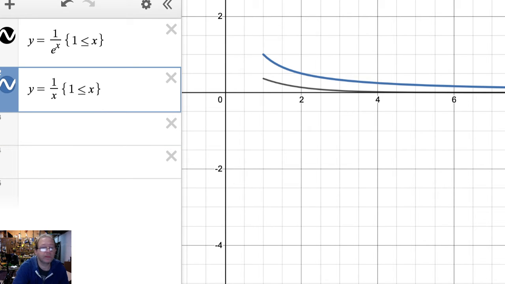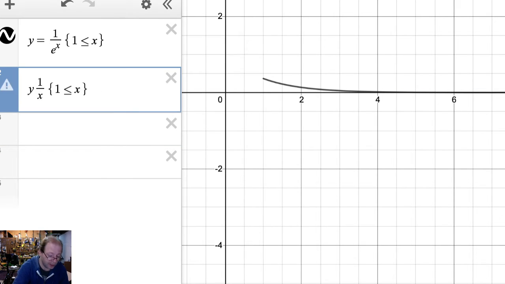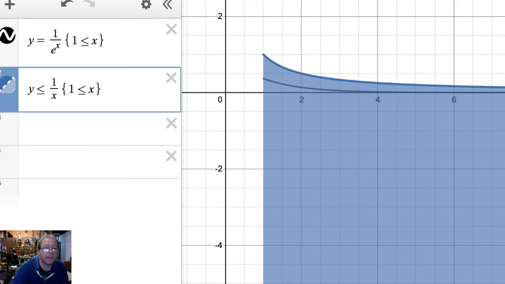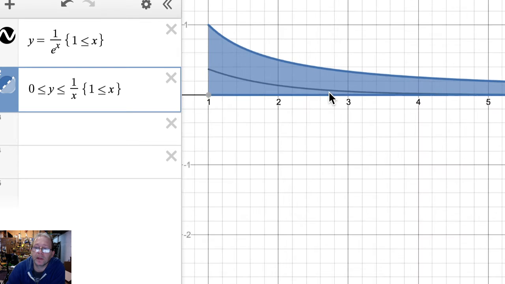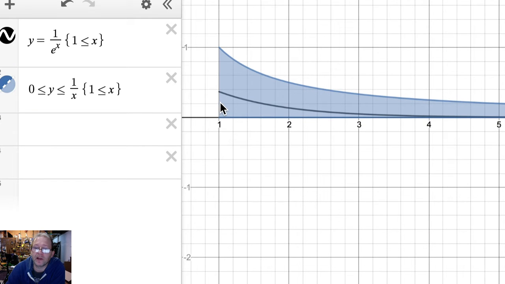Tell you what, if I change this from an equal to a less than or equal to, put that in there. If we look at that blue area, it is under the curve 1 over x. So the blue area is infinite. But unfortunately, that doesn't tell us anything about the area under the black line.